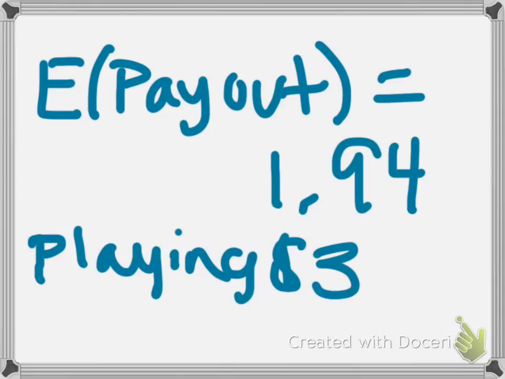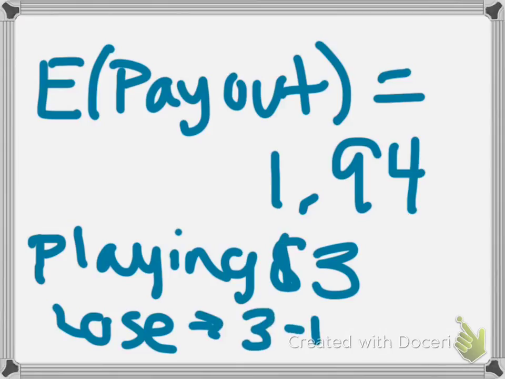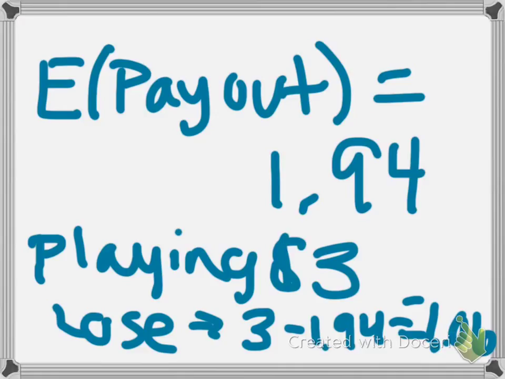If the expected payout is $1.94, you then are actually expected to lose $3 for playing minus the expected payouts, which is equal to $1.06. You're losing that money, okay? So, is the game fair? No.